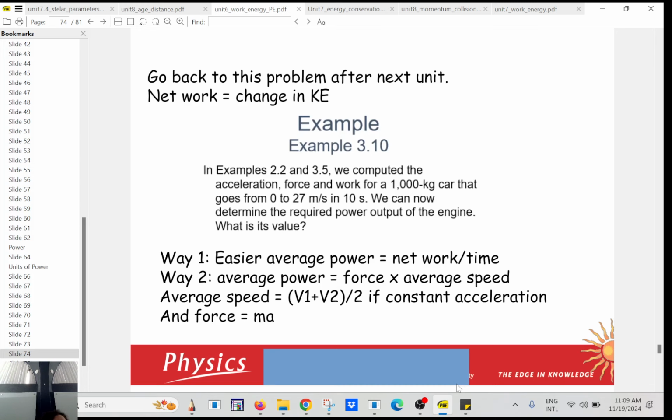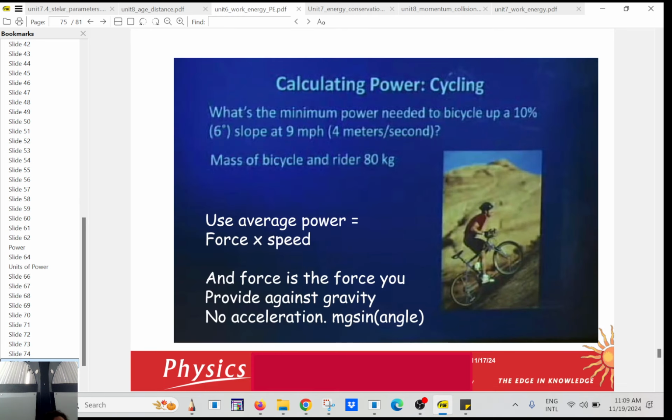Okay, so let's look at something similar to maybe what you're going to have. So you have a bike, and I'm going to use work divided by the time. No, I'm going to use the equation: average power is force times speed.